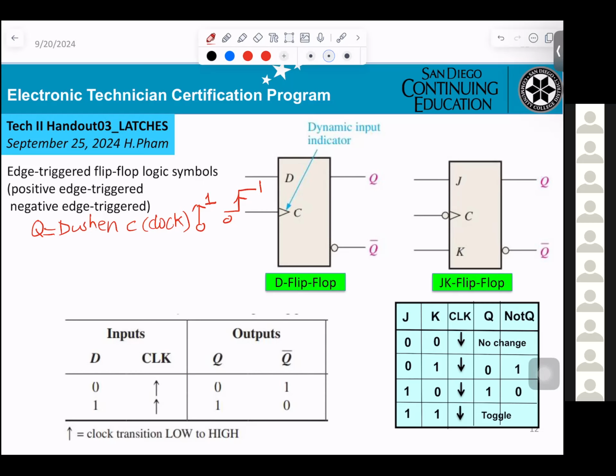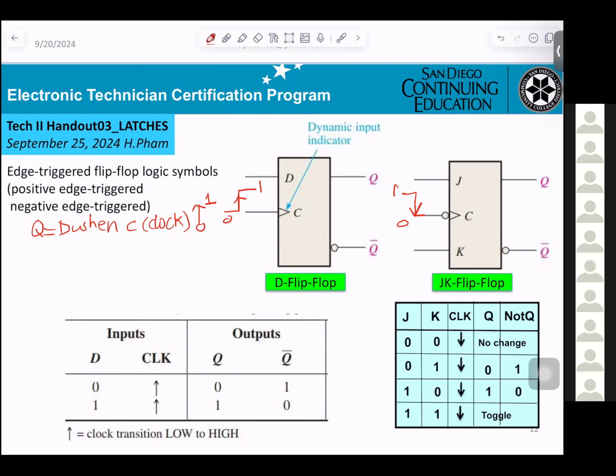If you understand that one, it's easy to understand the other one. JK flip-flop. You get input J, input K and the clock. However, the clock will be negative going. That means the clock going high to low. Now, talking about D first.